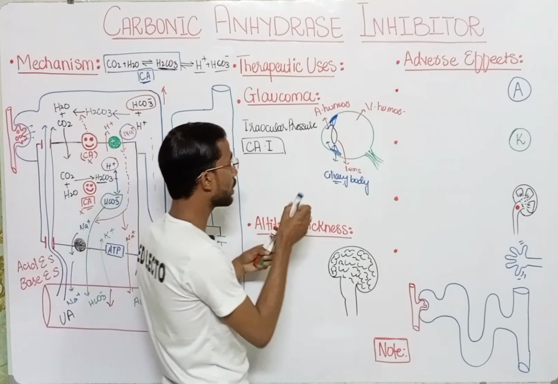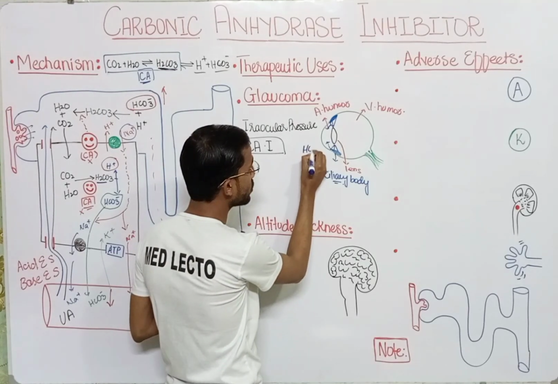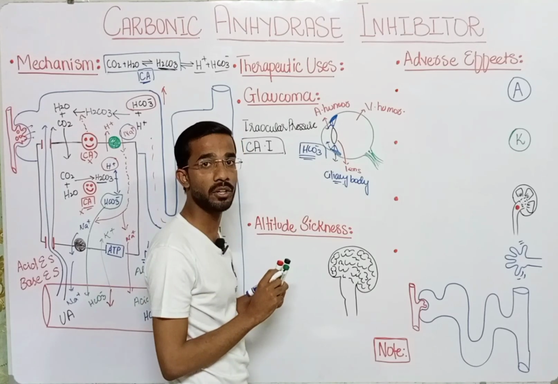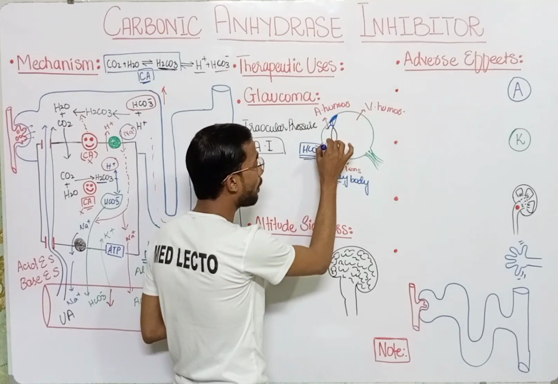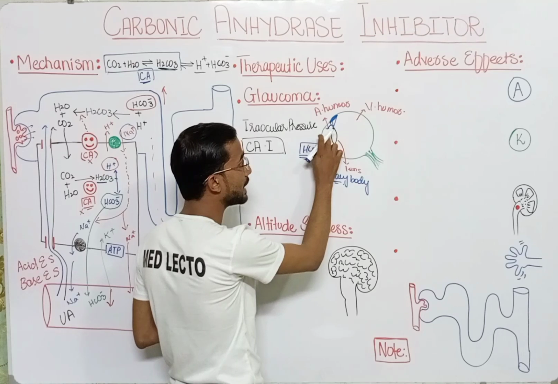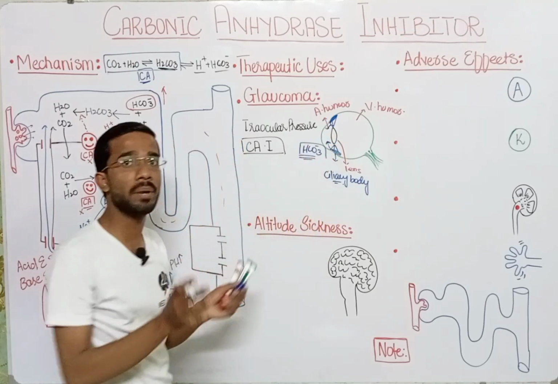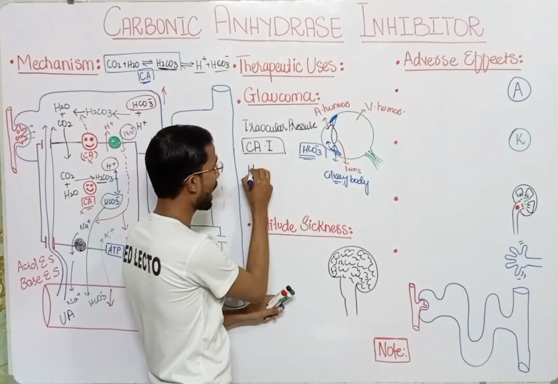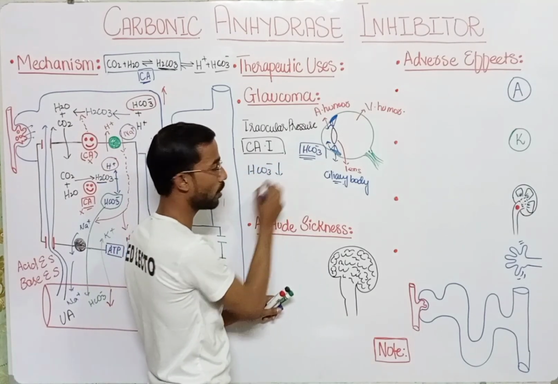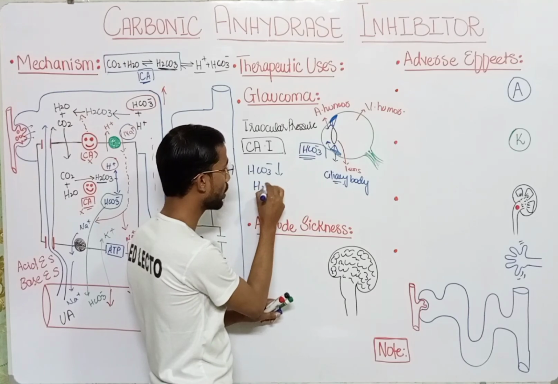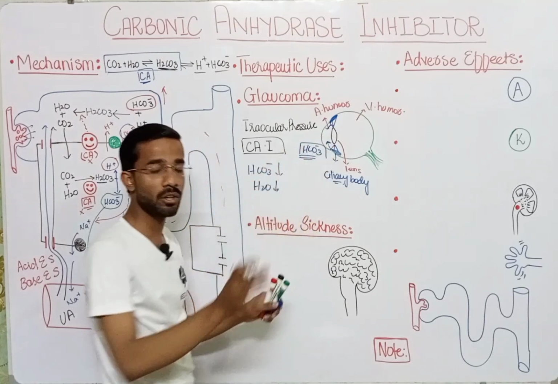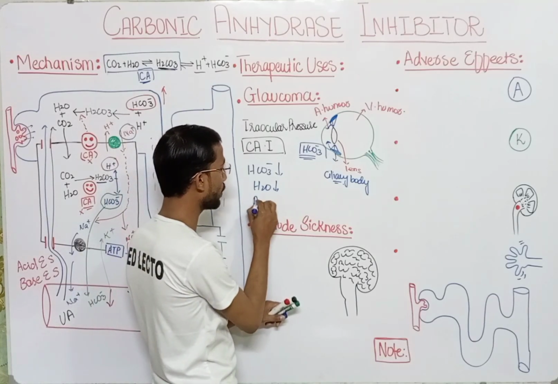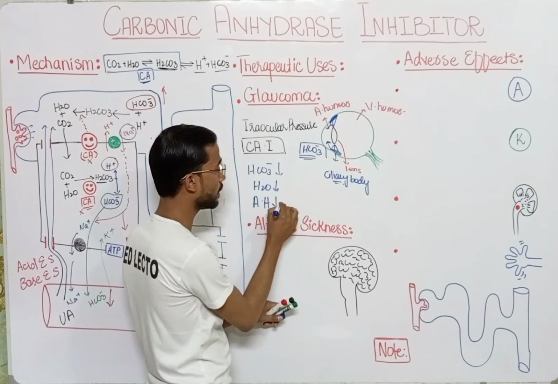HCO3 bicarbonate ion production will be reduced, and there is a low amount of the bicarbonate ion in the aqueous humor chamber. So as a result, HCO3 negative production will be low, water movement into the front part or aqueous humor chamber will also be reduced, and as a result the aqueous humor will also be reduced.